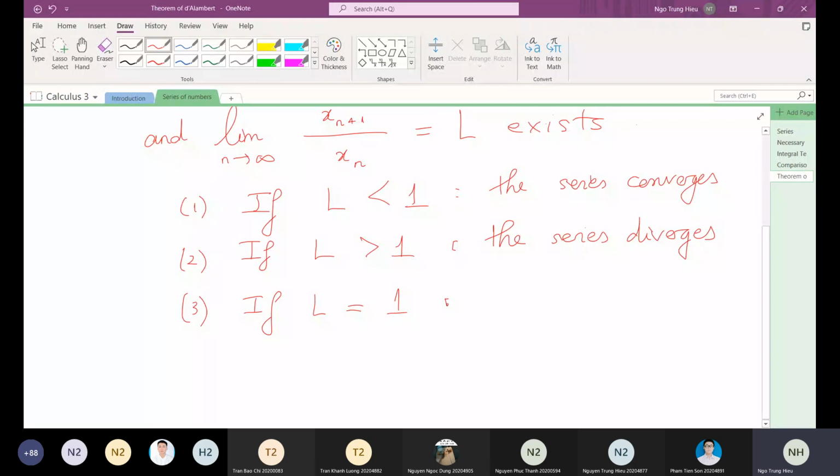So in the third case, we cannot say anything about the convergence or divergence of this series, right? All right, so this is the theorem of D'Alembert.